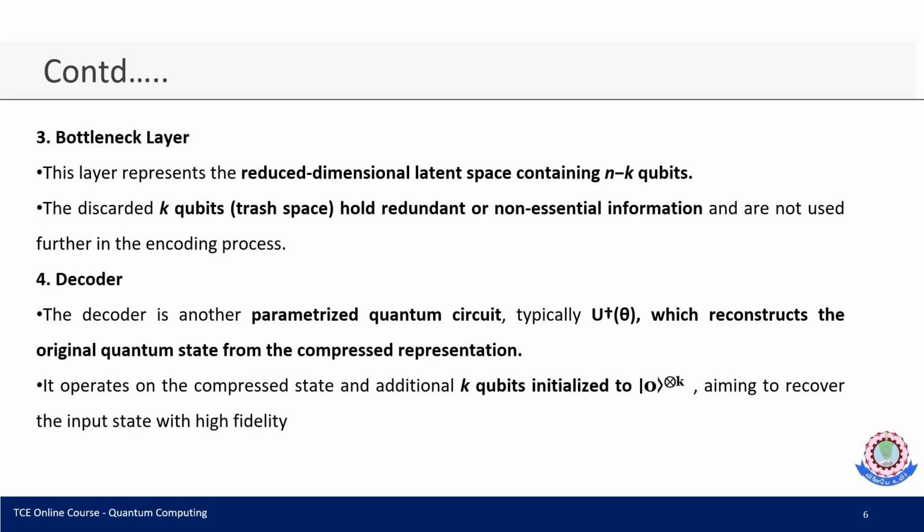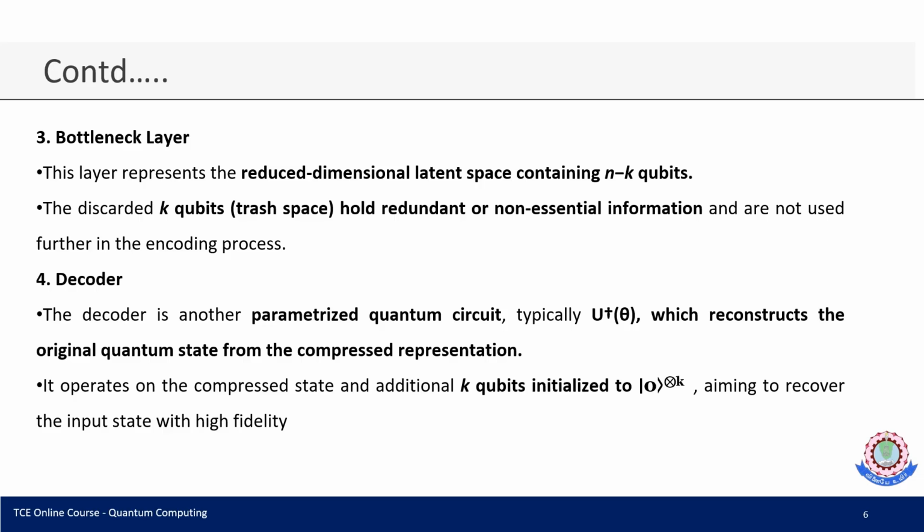Third is the bottleneck layer. This layer represents the reduced dimensional latent space containing n minus k qubits. The discarded qubits hold redundant or non-essential information and are not used further in the encoding process. And the fourth one is the decoder.